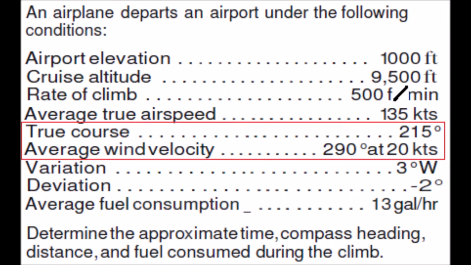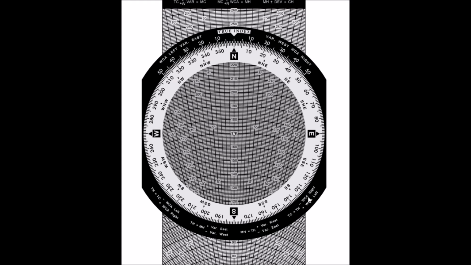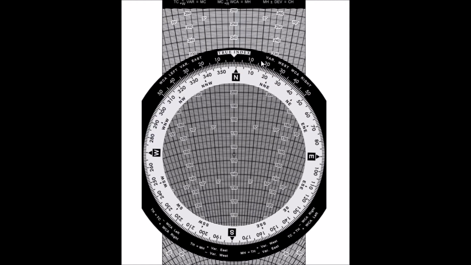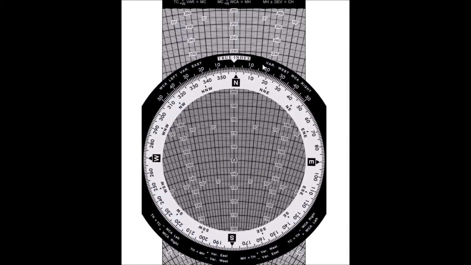We need to know where the wind's coming from and what's our true course, which is given to us. And then we're going to use our true airspeed. So clean your E6B from the previous problem, and let's put the hole back in the 150 mark. And rotate it to where the wind's coming from, which is 290 degrees.